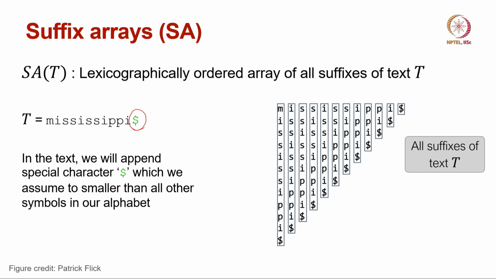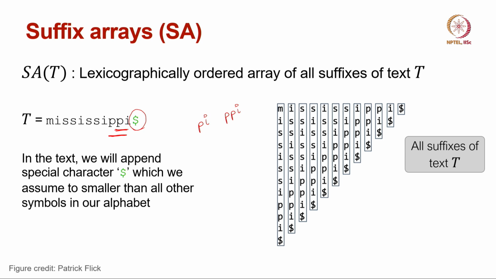One can ask, why am I making that assumption? Well, the reason is that if you consider two suffixes, let us say pi and ppi, their lexicographical ordering is ambiguous, because it is difficult to say whether pi is less than ppi or ppi is less than pi.